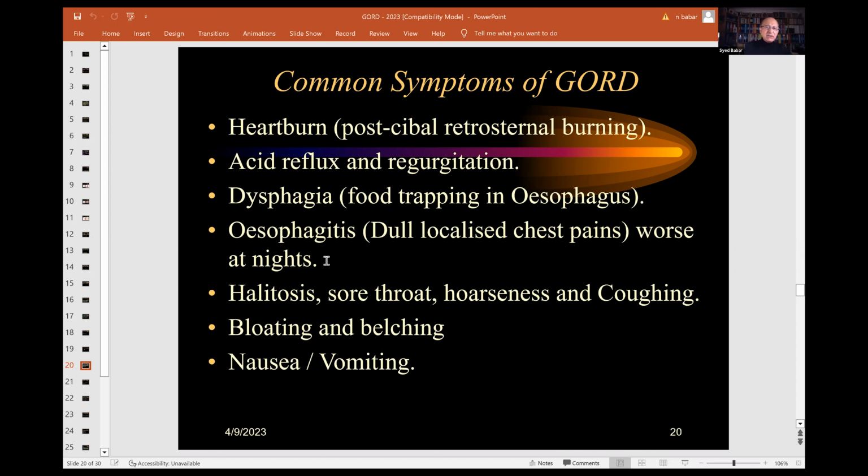As a consequence of atrophic gastritis, atrophic esophagitis, atrophic pharyngitis, or rhinitis, there is halitosis, sore throat, hoarseness, and coughing, perhaps due to aspiration.